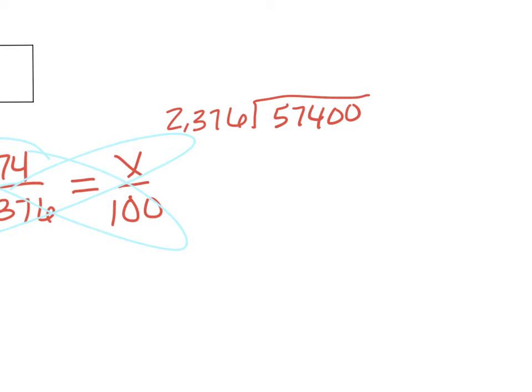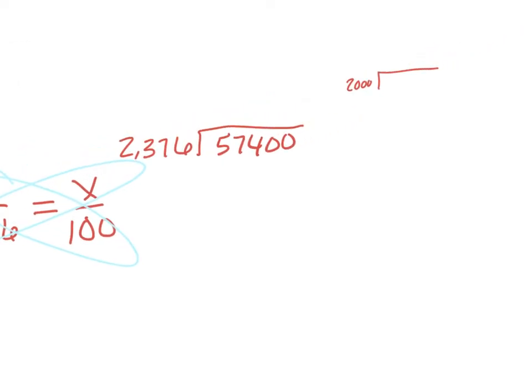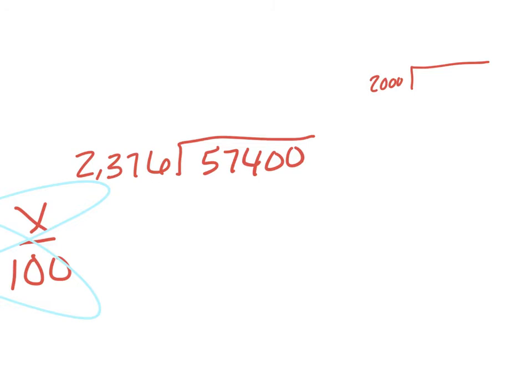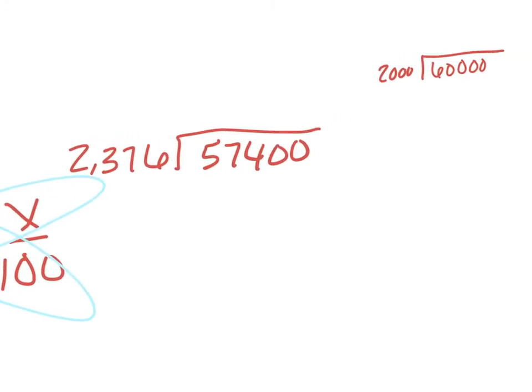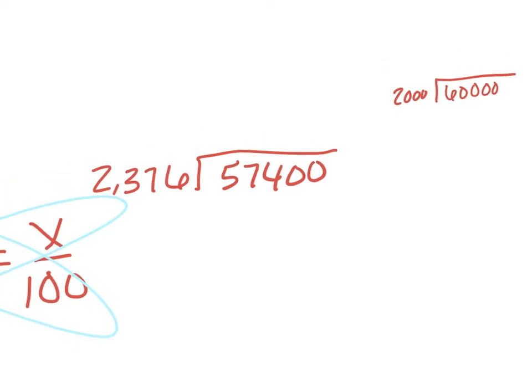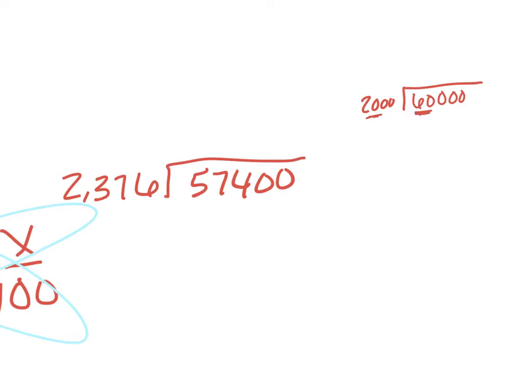If you just had 2,000 and you were dividing, say we round that 57,000 up to 60,000, how many times would 2,000 go into 60,000? About 3, right? That's at least somewhere to start. So 2,376 times 3.